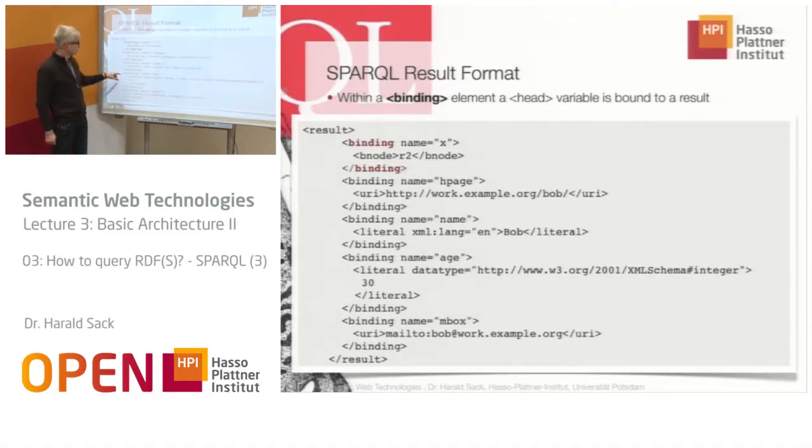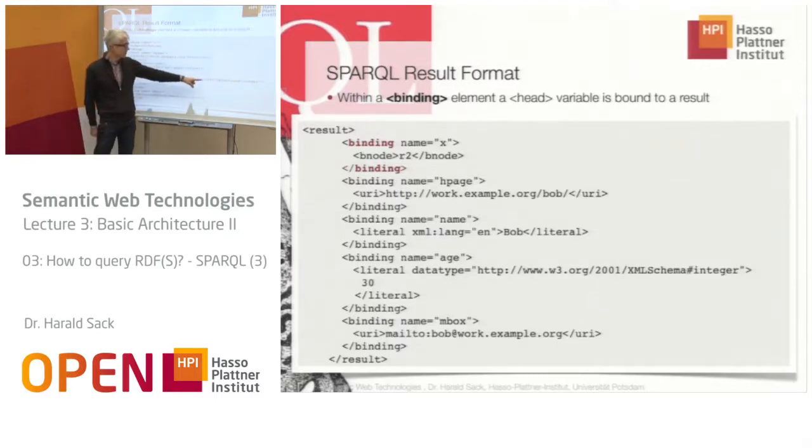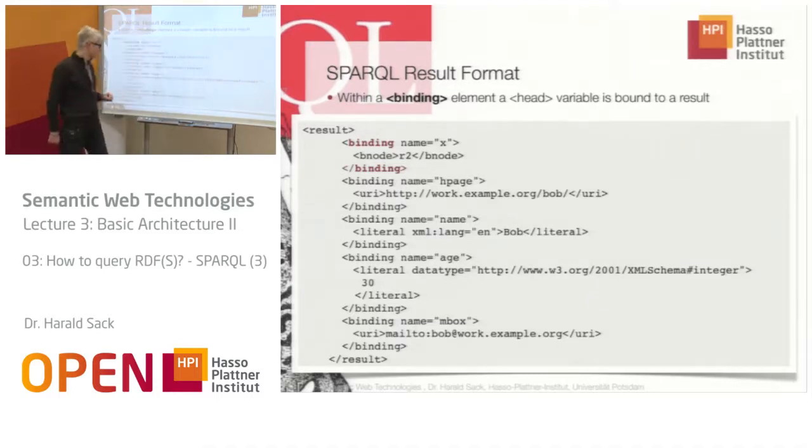Or you can define a typed literal, here bound to a variable called age, and you have a literal that has a specific data type, and the data type here is integer, which comes from the XML schema namespace. The value of the literal is 30. Quite simple.